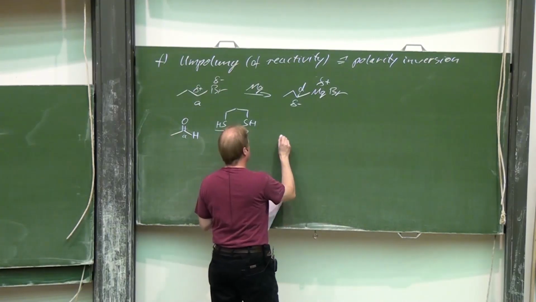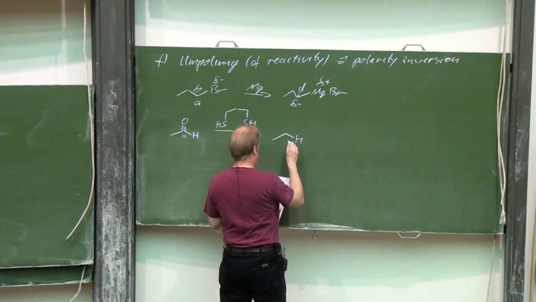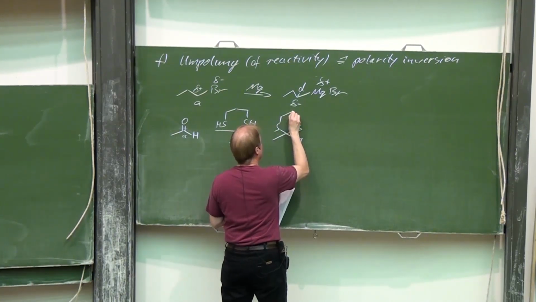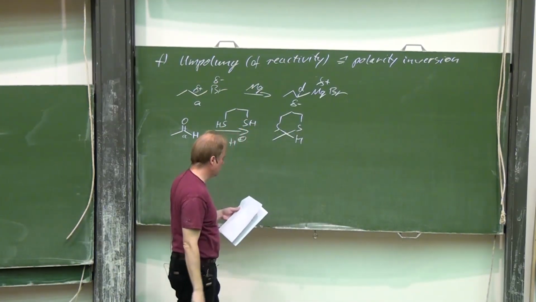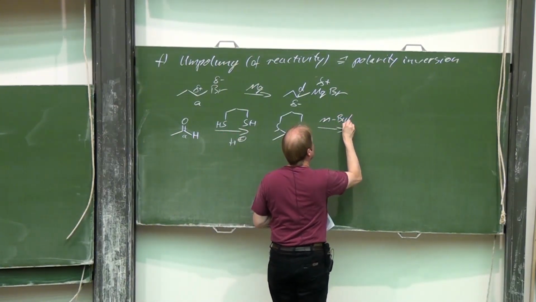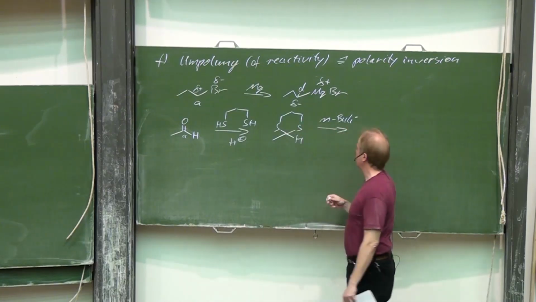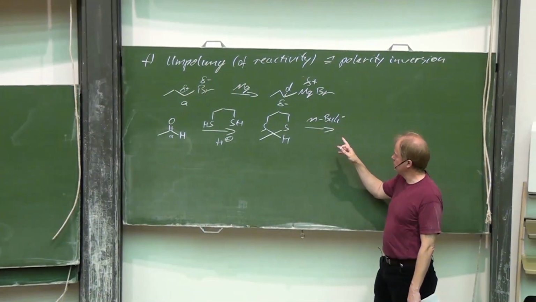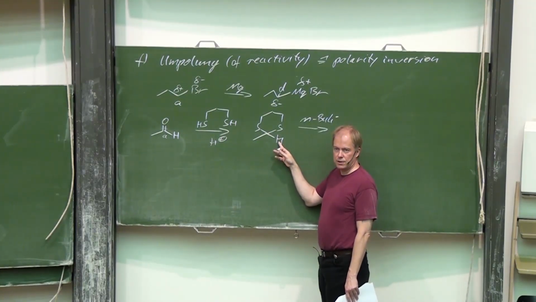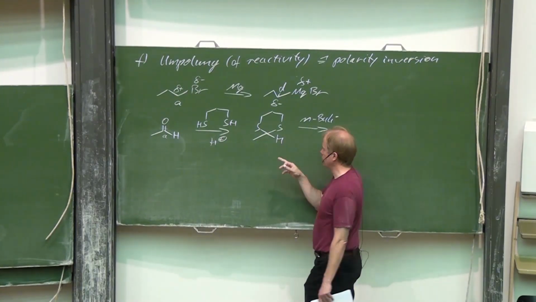So, a dithioacetal is formed. And with n-butyl lithium, well, this is then acidic enough to be deprotonated.